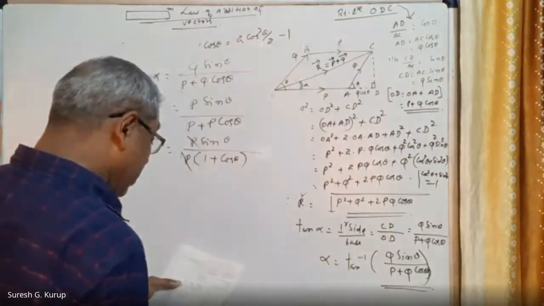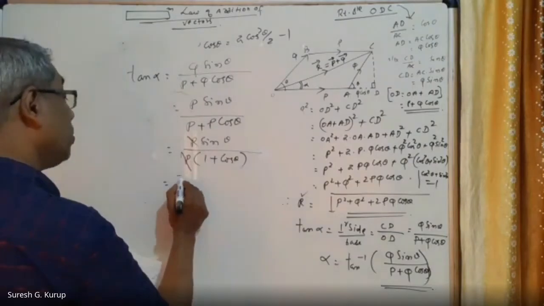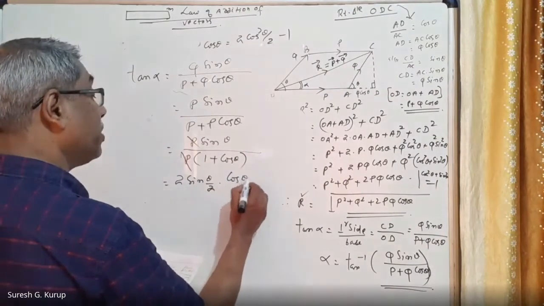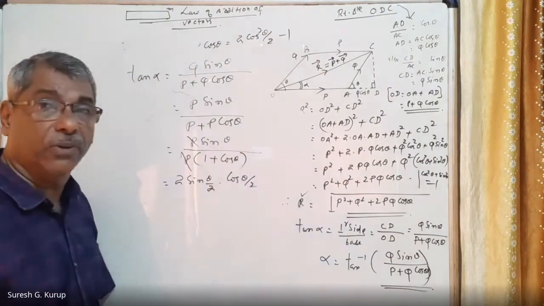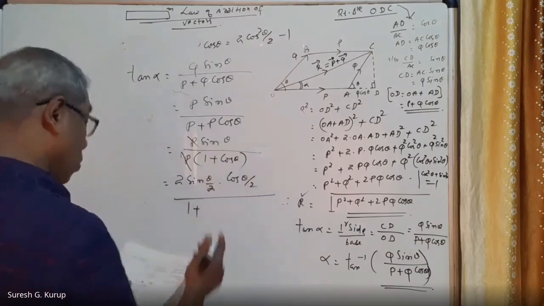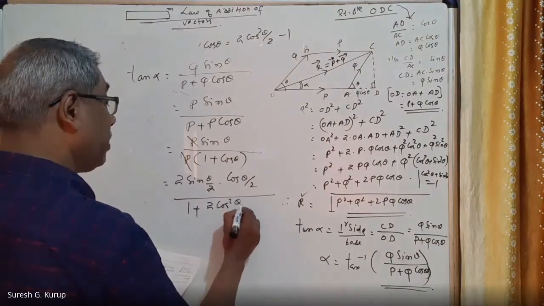Sin theta can be written as 2 sin theta by 2 into cos theta by 2; there is a proof for that. It is divided by 1 plus cos theta, which, as you already know, is 2 cos square theta by 2.